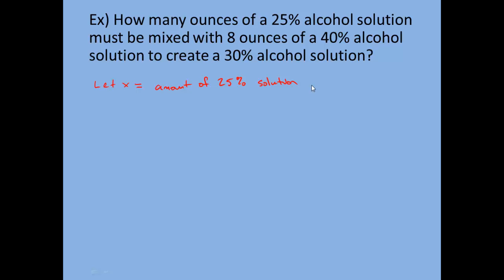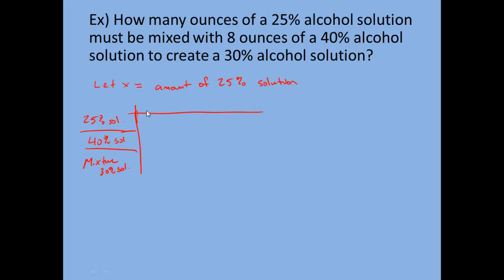All right, once you've done that, it might be easiest to set this up with a chart, just because you can find the values you need a little easier. So I'm going to set it up in terms of a chart. And we know that we have a 25% solution, a 40% solution, and then we have the mixture, which is a 30% solution.